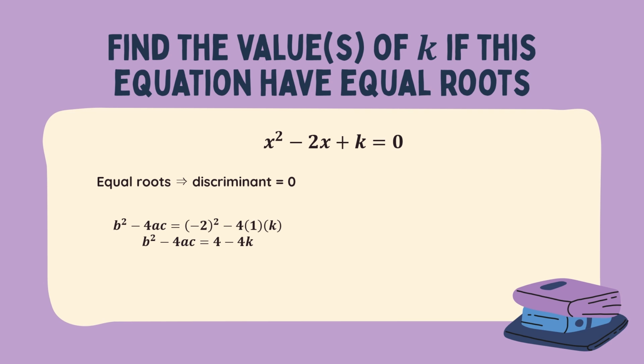We need to find the value of the discriminant first. By putting the values of b, a, and c into the discriminant formula, we get the discriminant is equal to 4 minus 4k. So the discriminant is equal to 0. So 4 minus 4k equals 0. We get k equals 1.